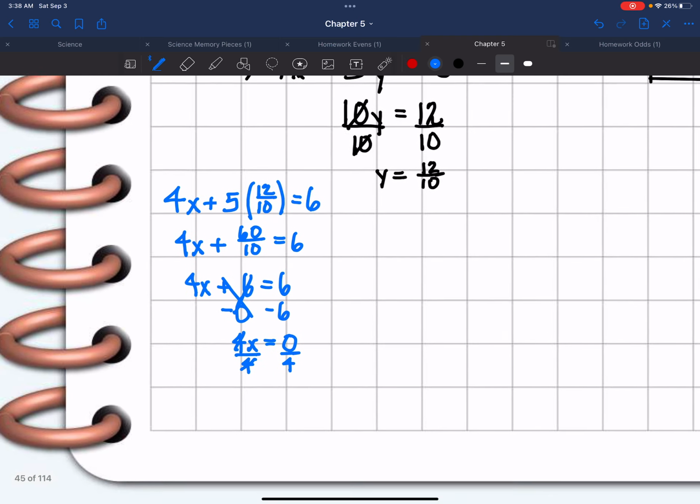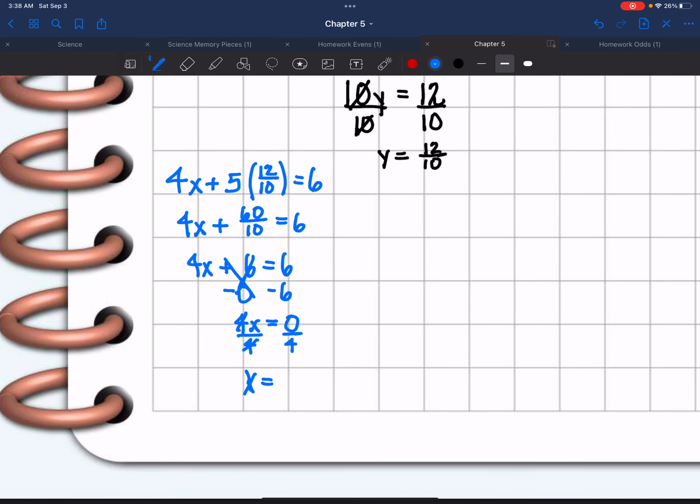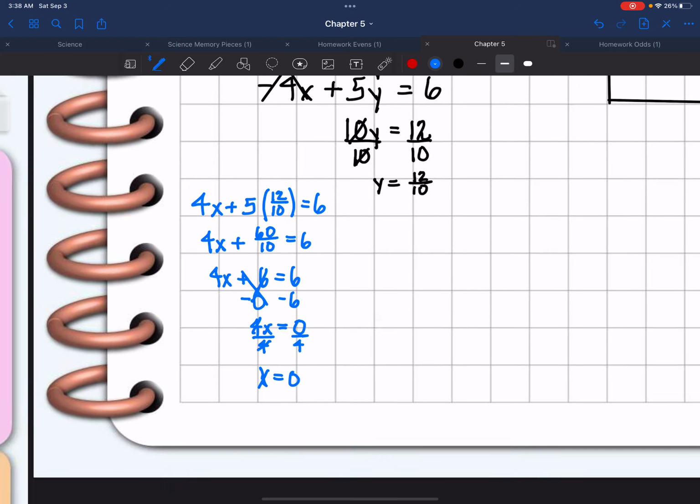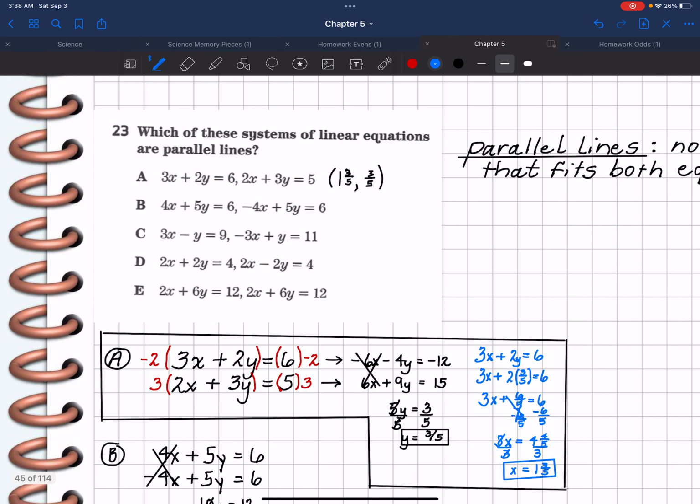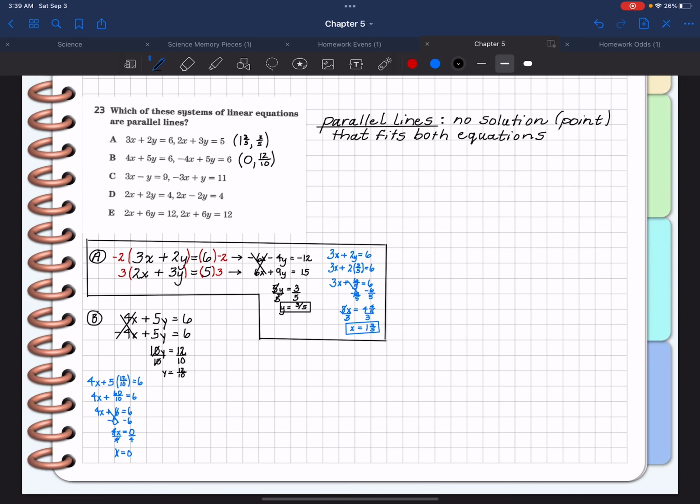So x is 0. So this one has a solution, 0 and 12/10. So that is not the one we're looking for, unfortunately.